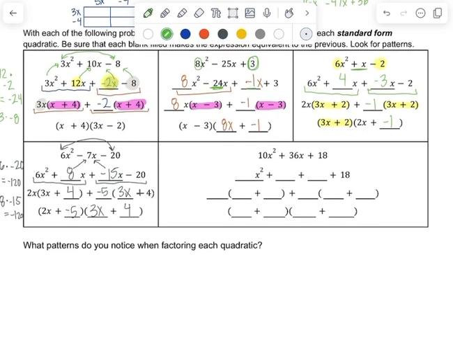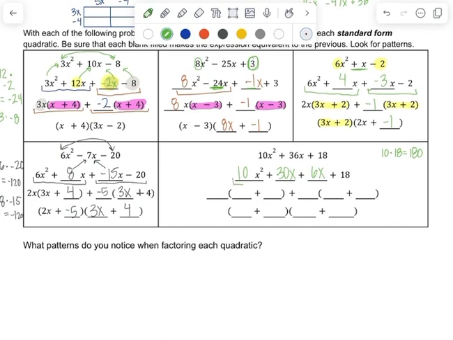Okay. This last one, 10x squared plus 36x plus 18. So 10x squared, and then two numbers that will multiply to 180, 10 times 18, but add to 36, so that's going to be a 30x and a 6x will add to that.